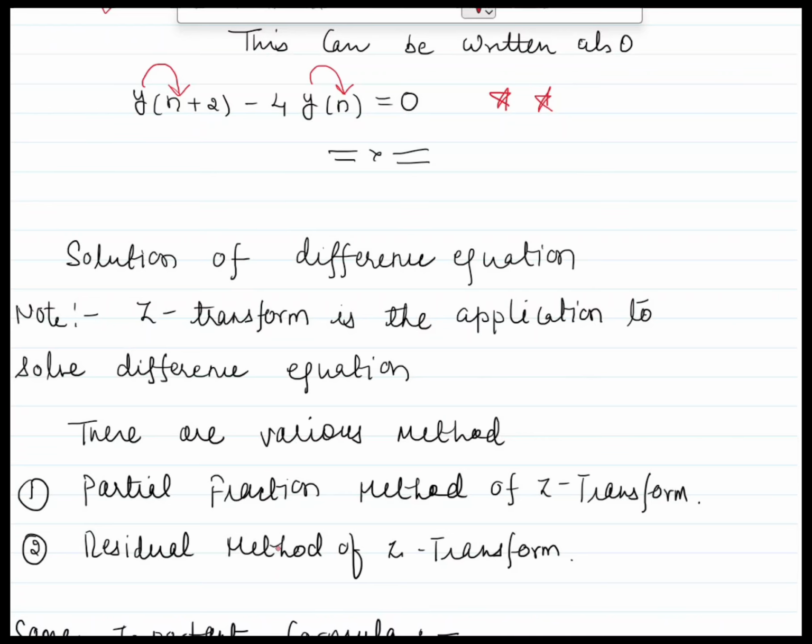To form the solution of the difference equation, which is already given, we can use many techniques. But since here we are using only Z transforms, we will use the Z transform technique to solve the difference equation, which is already given in terms of the dependent and independent variable and its differences.